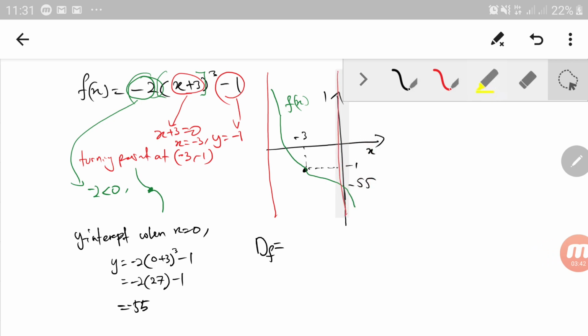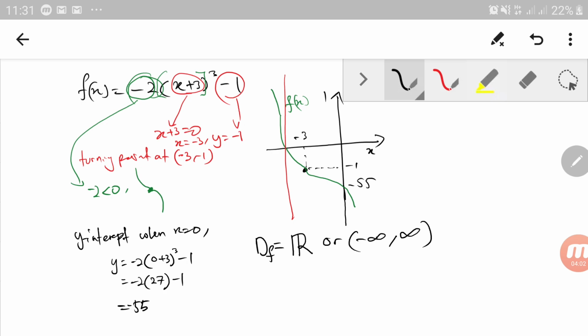It means that every x corresponds to a value of y, or image. Every object can be inserted in the function. So the domain is real numbers, or minus infinity to infinity.